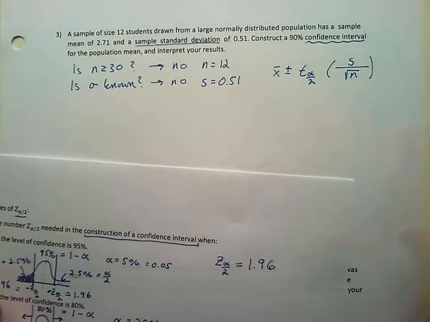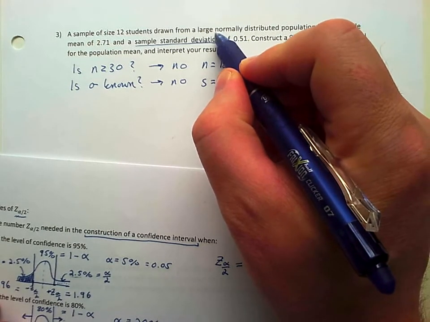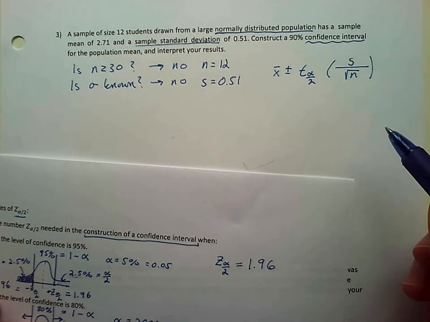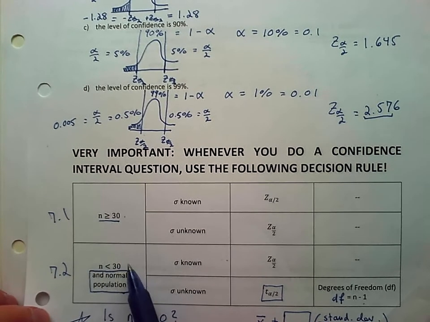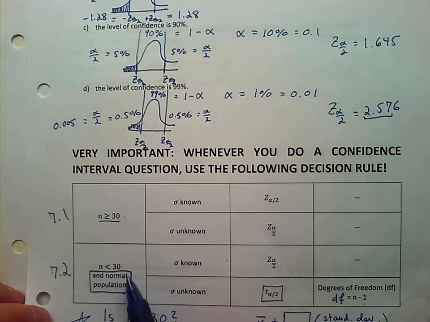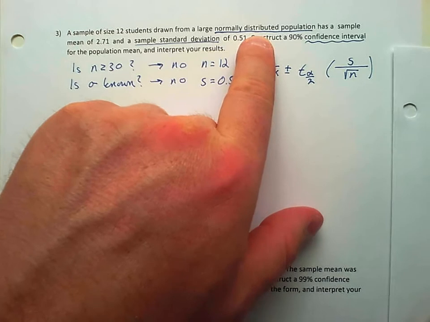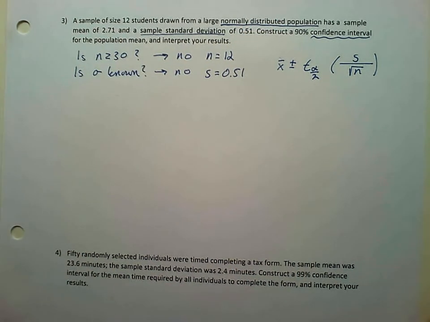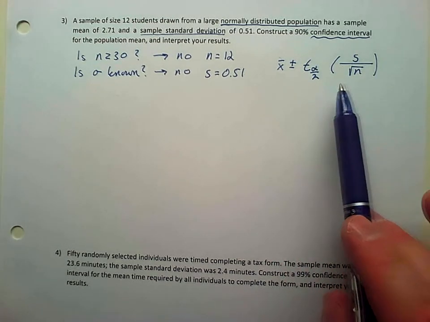But now that we're doing an example on this, I'll point out that whenever we have this scenario, it's always being told to us that our population is normally distributed. So, if you look at all the examples that we're doing where we're going to be using t values, or more specifically when our sample size is less than 30, it always also includes that caveat in the wording of the problem that our population is normally distributed.